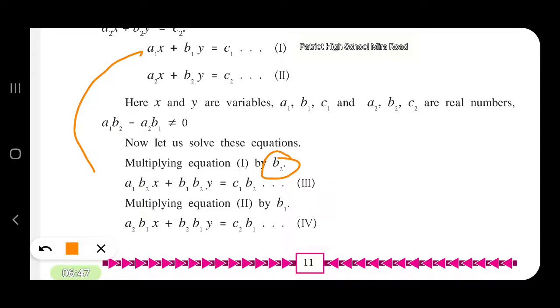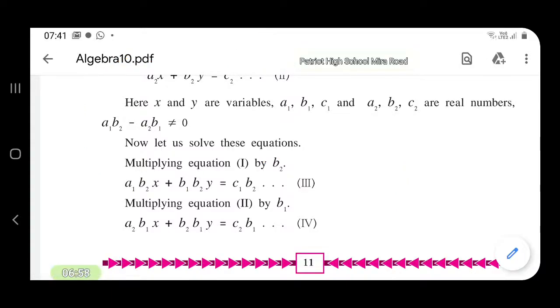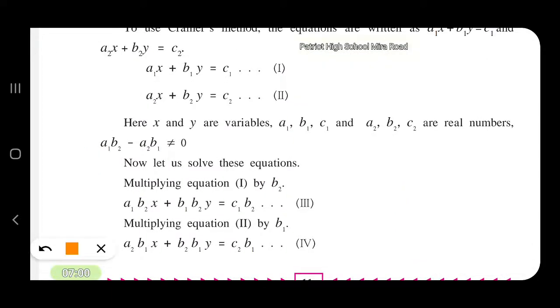When you multiply the whole equation by b2, the product will be a1 b2 x plus b1 b2 y is equal to c1 b2.